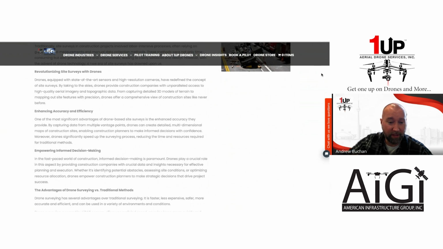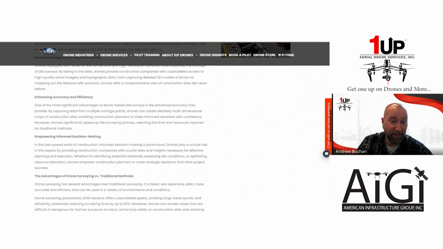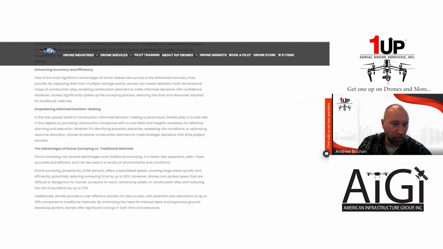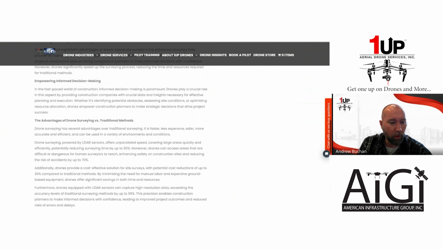Some of those spots were really difficult to physically get to. So being able to use ground control points and also the surveying, it allowed them to get all that information quickly, which allowed a little bit more time in their planning to really get how they wanted that flow to go. And also using that model and putting it into simulations that they're running. It was a win-win all the way around.